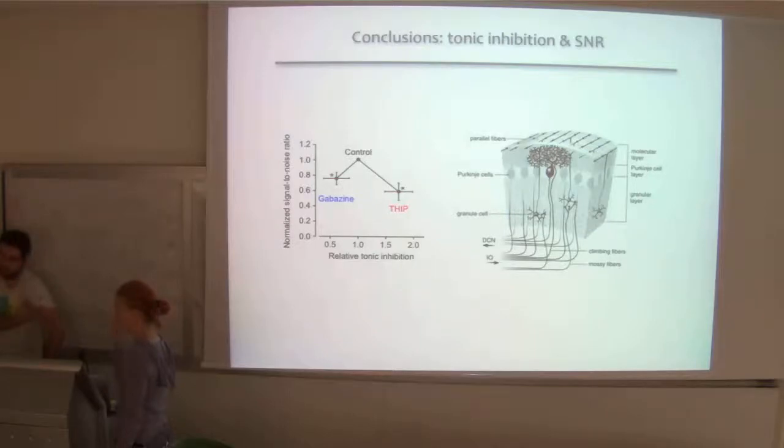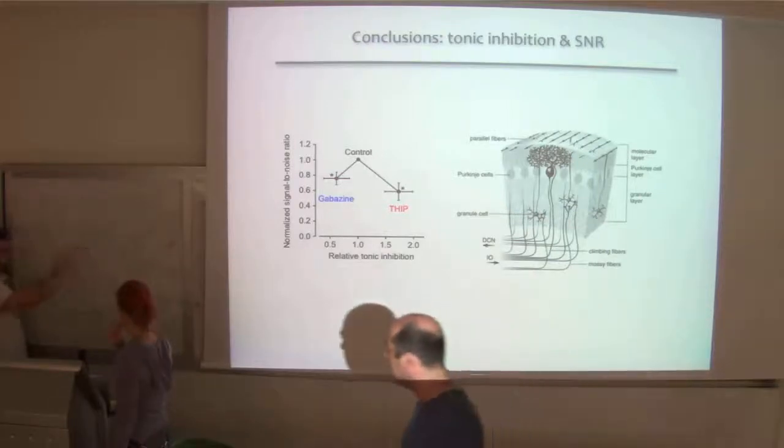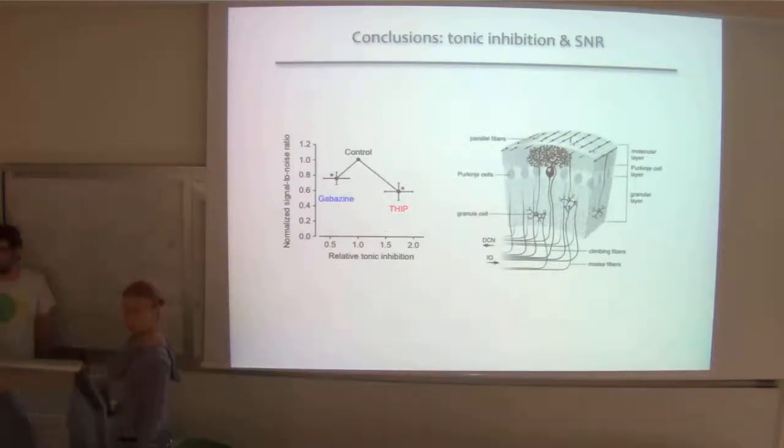The raster plot looked like that, then you had the pause, and then the activity came back. It's not highly reproducible across cells, but for me the pause is actually more important.